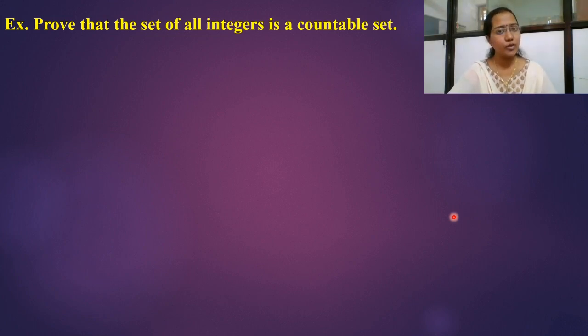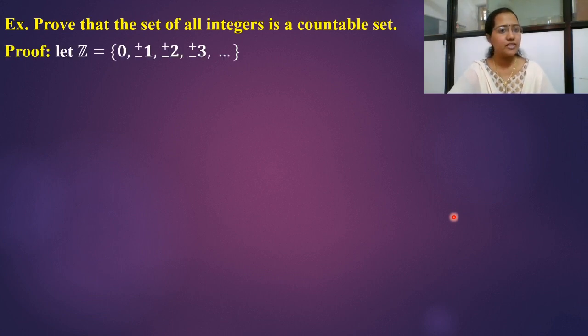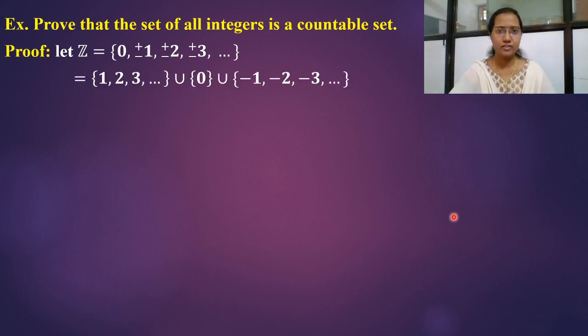Denumerable means the set of integers and the set of natural numbers must be equivalent, that there must exist a 1-1 and onto function between them. So first of all, what is the set of integers? Z is equal to 0, plus minus 1, plus minus 2. We can write it as 1, 2, 3 union 0 union minus 1, minus 2, minus 3. Okay, that is the set of integers.